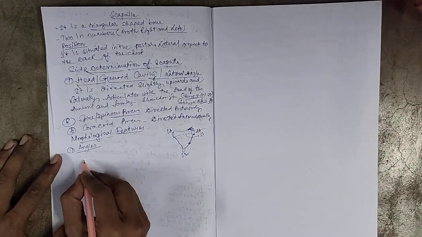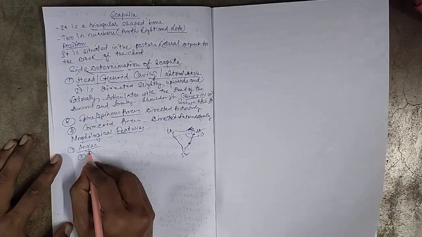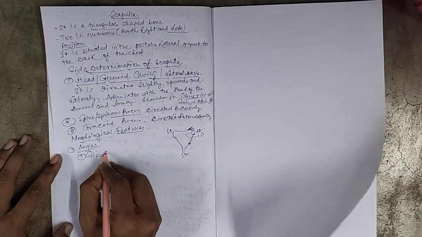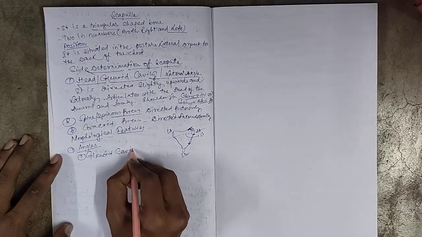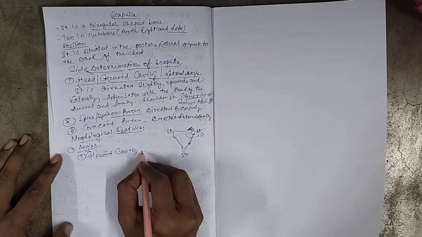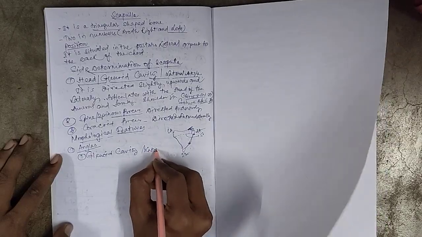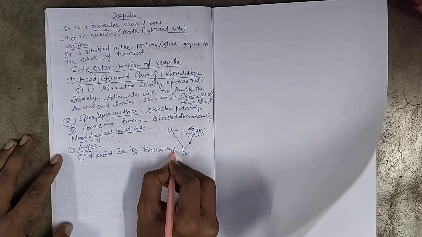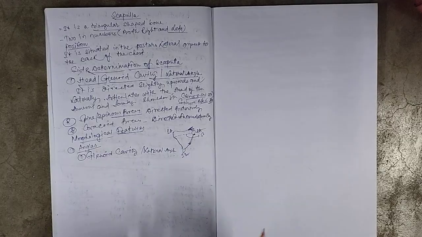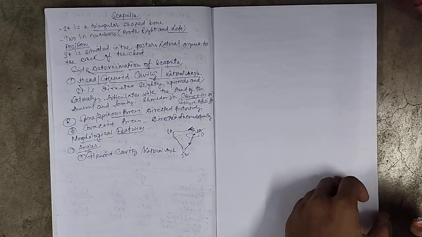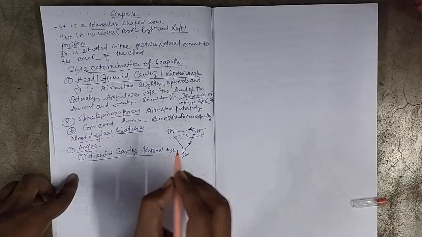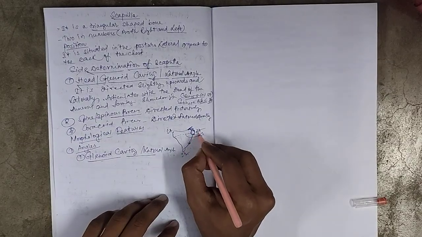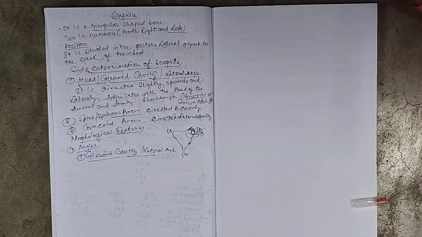There are three angles. First is the glenoid cavity or the lateral angle.